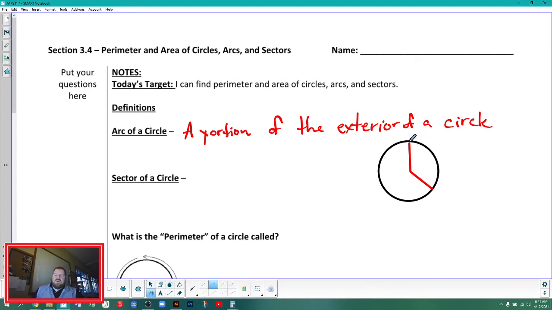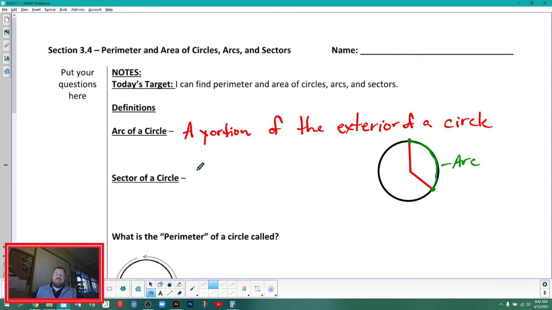Based on some angle in here, we've highlighted a piece of the boundary of the circle. And let's just use a different color here. So this green portion would be an arc. Not the entire circle, just that little bit, from this endpoint to this endpoint would be an arc.